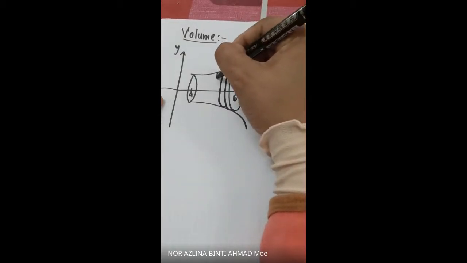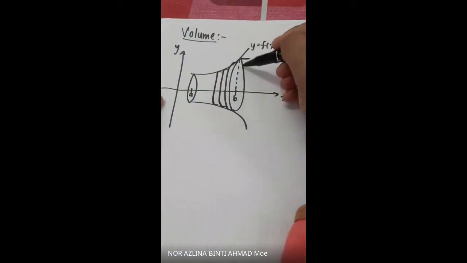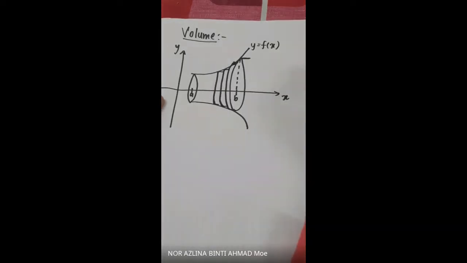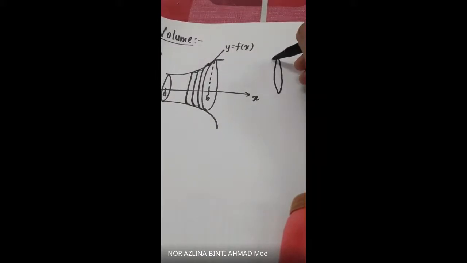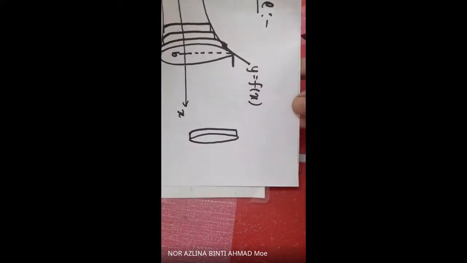Macam mana dikatakan silinder? This is circle, lepas tu ni ada tinggi dia. So dia akan jadi silinder yang sangat nipis. So this is cylinder, terbalik.